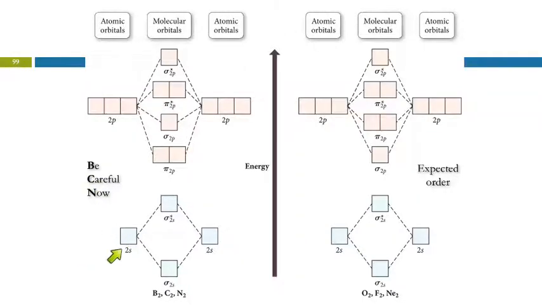Okay, so here we have what happens with boron, carbon, and nitrogen, and this is oxygen, fluorine, and neon. So this is the expected order. So let's look at this one first. Here you have your s orbitals, and they're just doing their thing. The s orbitals are lower in energy than the p orbitals, and so both of these molecular orbitals are going to be lower in energy than any of the p molecular orbitals.